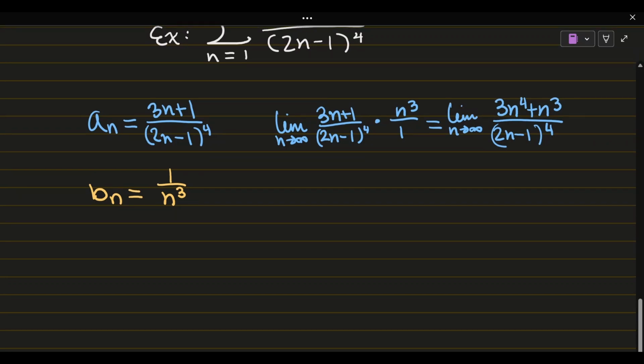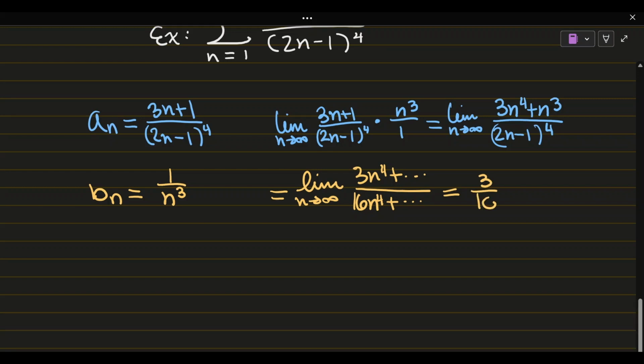Okay, well, when my powers are the same, and they are, so the degree of the denominator is the same as the degree of the numerator, I just look at the leading coefficients. So this is going to be the same as the limit as n goes to infinity of 3n to the 4th plus whatever, doesn't matter, I'm only looking at lead coefficients. And then this is going to be 2 to the 4th is 16, n to the 4th plus whatever, doesn't matter. So this limit is going to be 3 over 16.